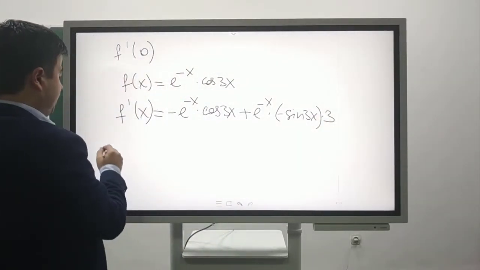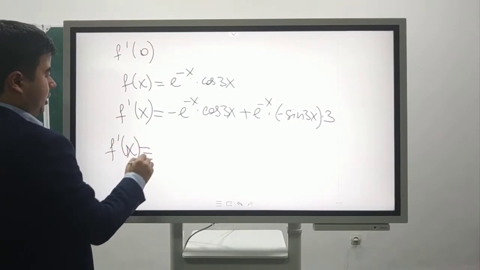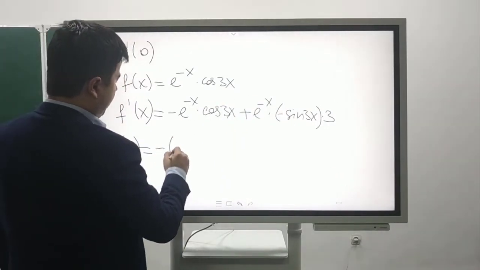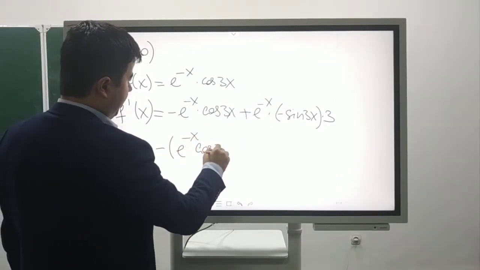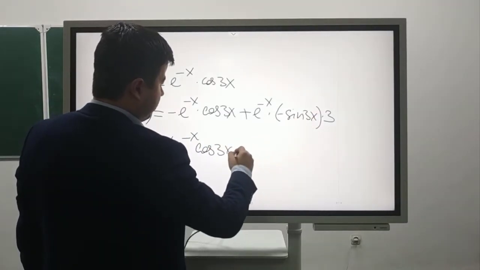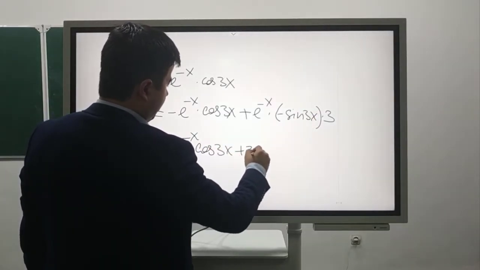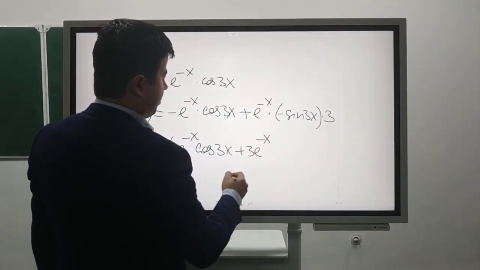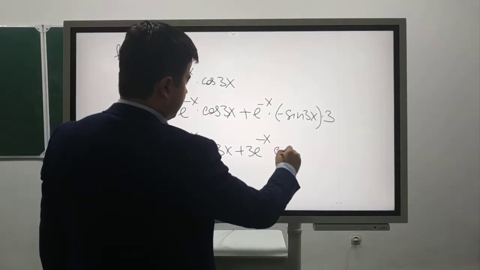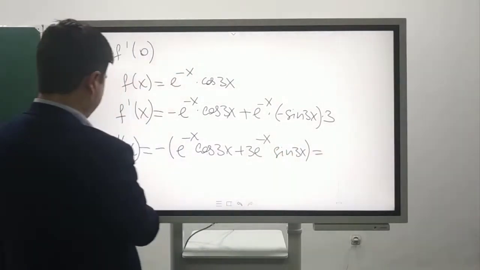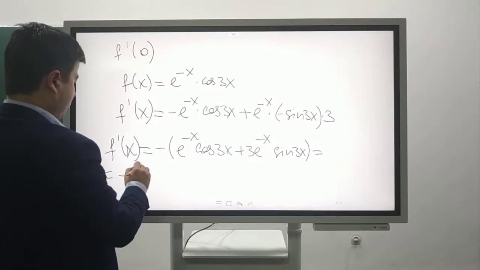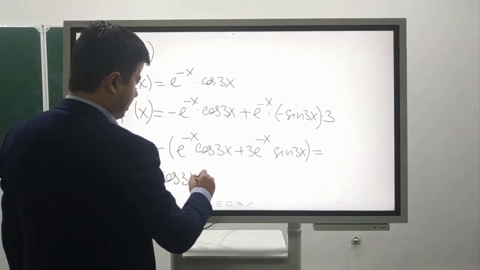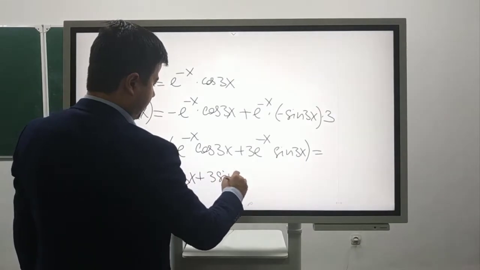So, continue. We can take out minus, and it is minus e to the power of minus x cosine 3x, plus 3 e to the power of minus x sine 3x, or minus e to the power of minus x, take out the brackets, and we have cosine 3x plus 3 sine 3x.